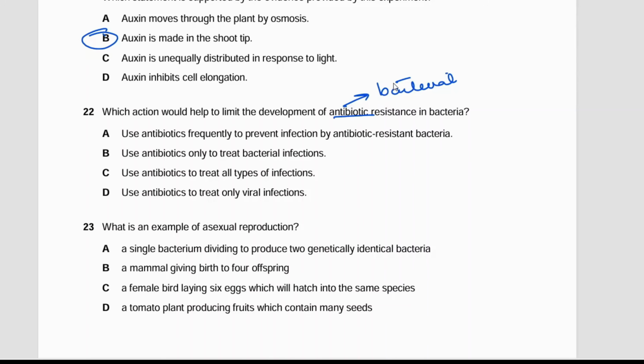So C and D are totally incorrect. So B is the only correct option, because we cannot take antibiotics frequently; we have to use them under prescription and only for bacterial infections.